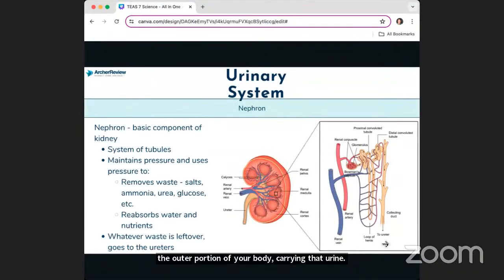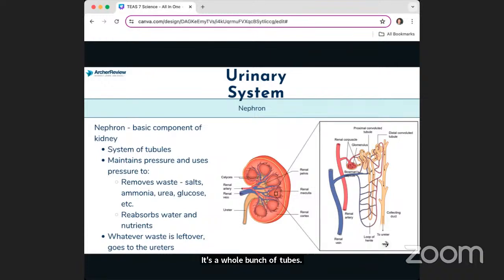The basic component of a kidney is known as a nephron. And when you look at this blown up picture of a small portion of a nephron, it's a whole bunch of tubes, to put it very simply.